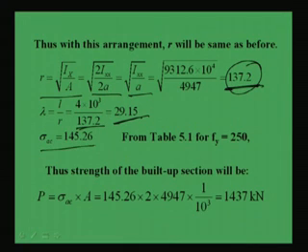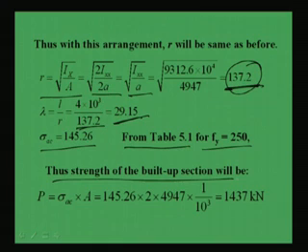So, we can find out sigma AC value as 145.26 MPa from Table 5.1 of IS 800 for fy grade of 250 MPa, right. In this way we can find out the strength of the built-up section as the same, that is 1437 kilonewton.